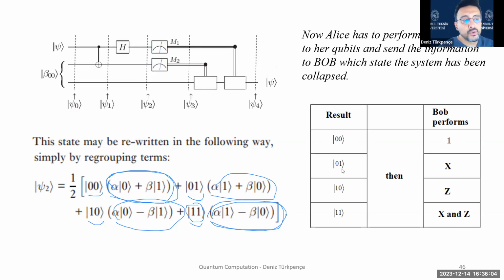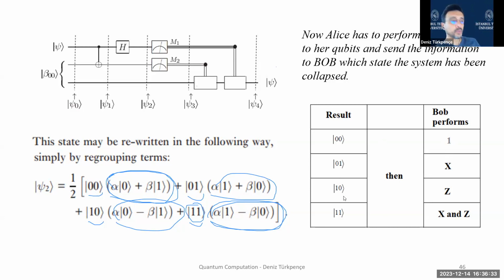If the measurement result is 0, 1, then Bob knows that he has to perform an X gate on his qubit, because if he applies the X operation, he will recover the initial state alpha 0 and beta 1, because the X operation will flip this quantum state into the initial quantum state and so on.